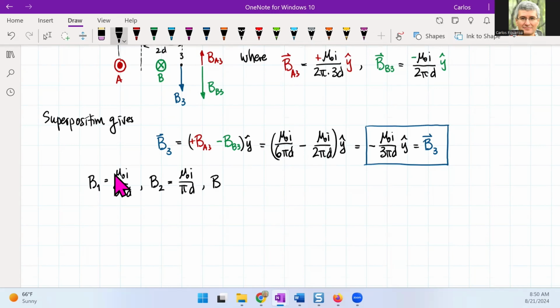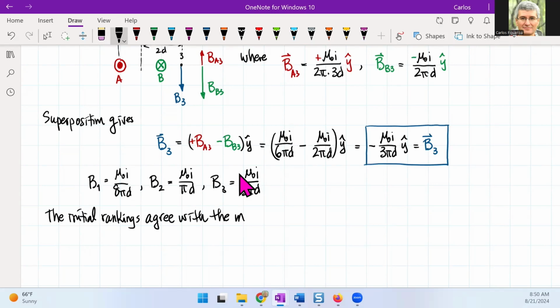And the magnetic field at 3, that read 3 mu naught I over pi d. And we could immediately see here that the initial rankings agree with the mathematical ones.